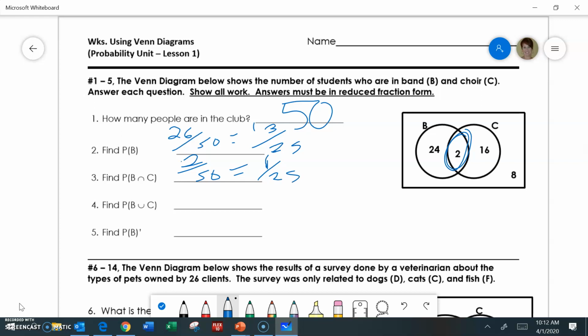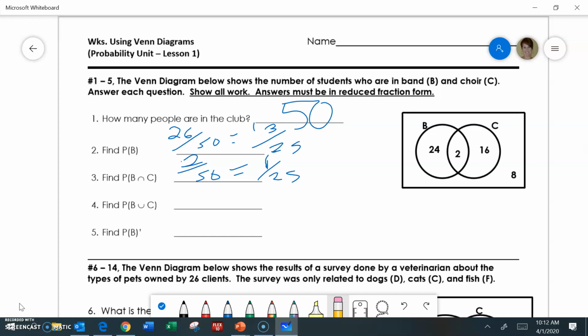For number 4, we have the probability that they're in band union, is what that symbol means, between the B and the C. So this means we want to find how many people out of the 50 we'd have to pick from that are taking either band or choir, so that union means or. So in this problem, they're either in band or choir.